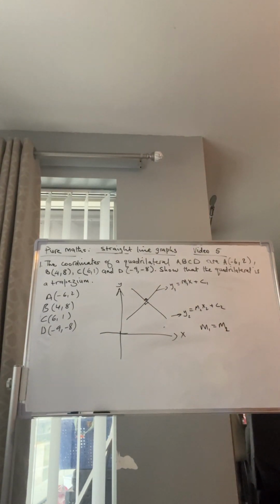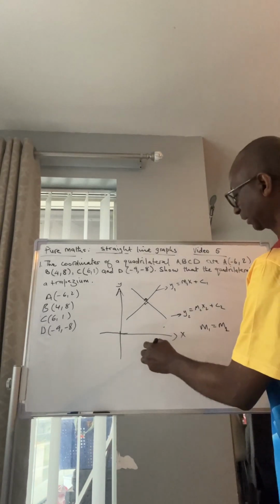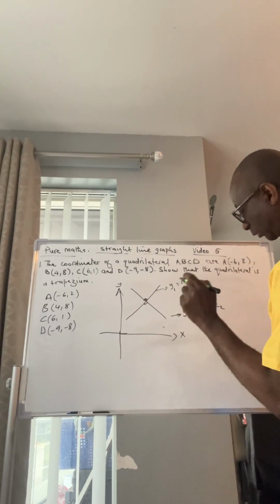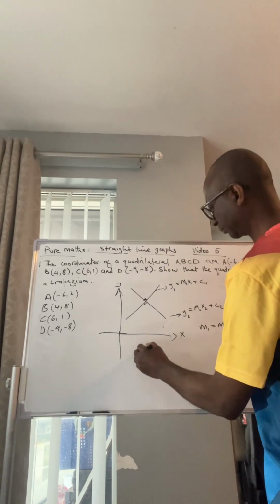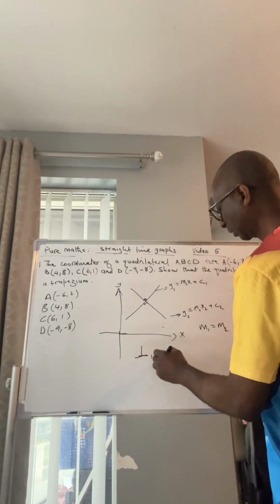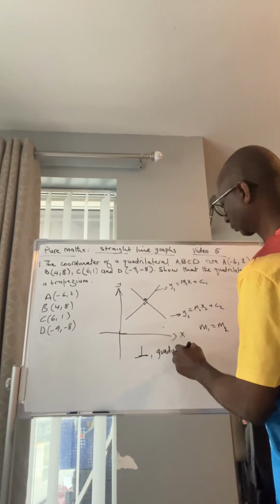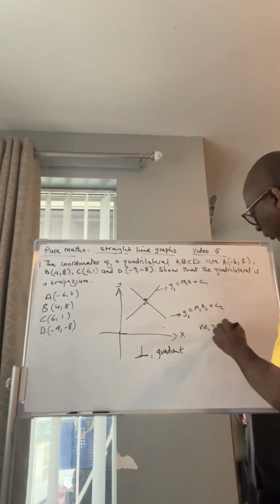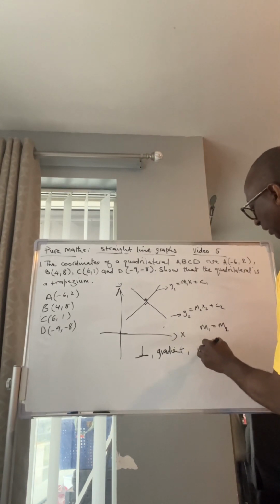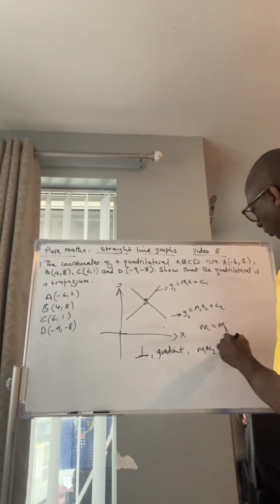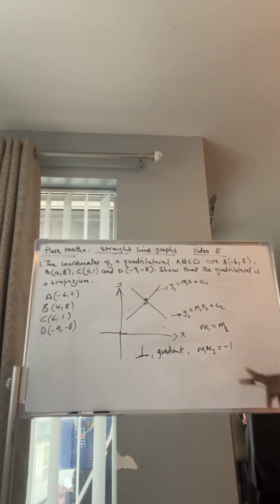What do we know about their gradients? The product of their gradients, m1 times m2, is equal to -1. So these two formulas you need to know. If they are parallel, their gradients are the same. If they are perpendicular, the product of their gradients is equal to -1.